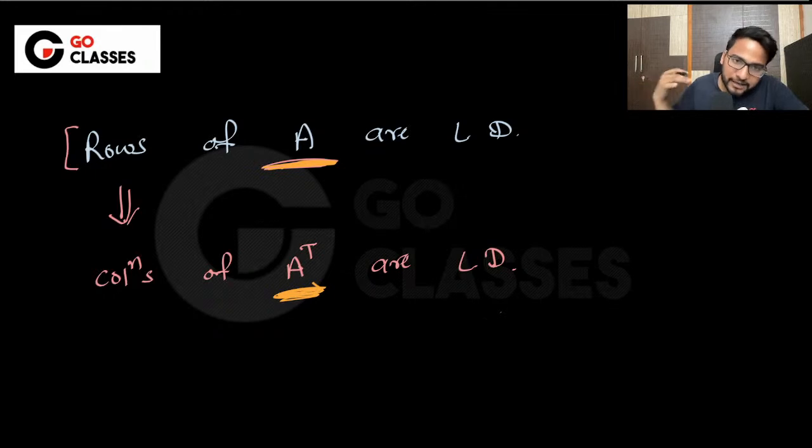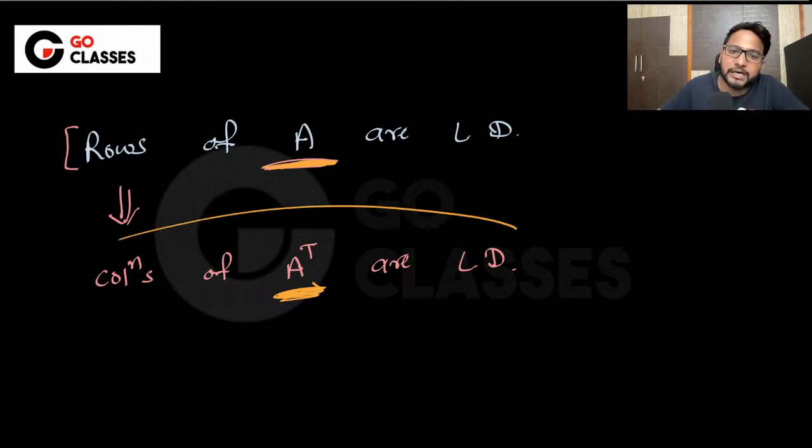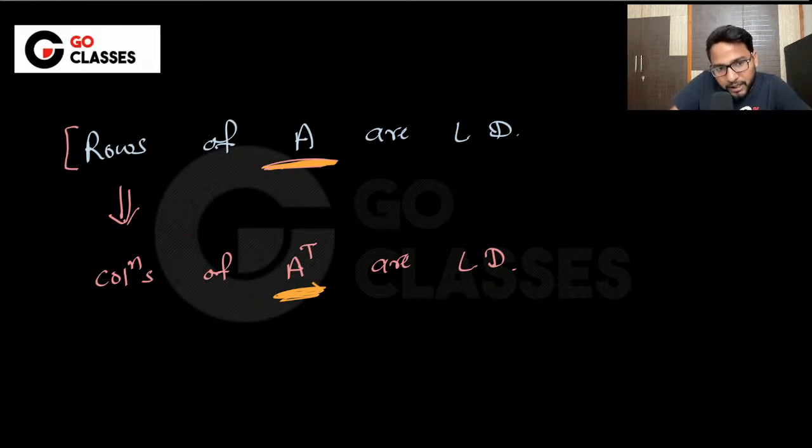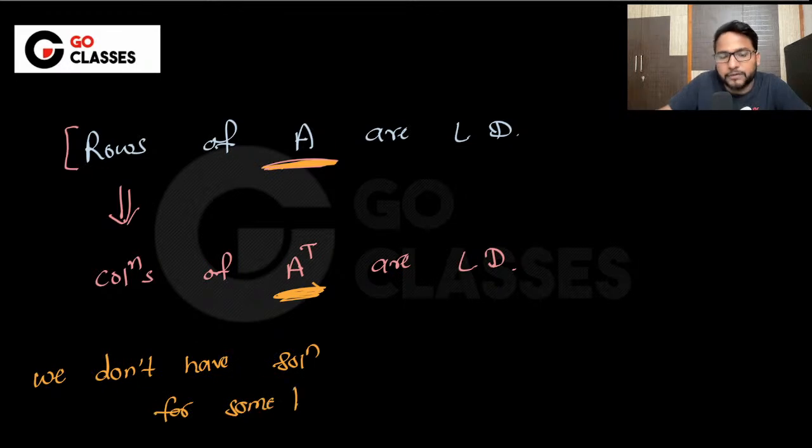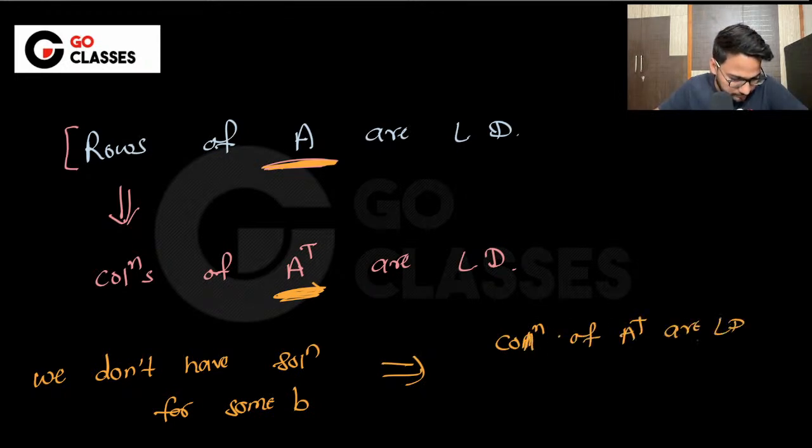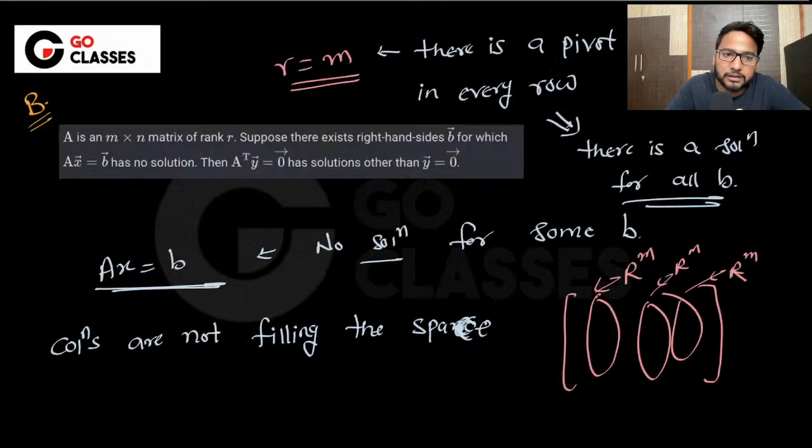Now, I made a conclusion that columns of A transpose are linearly dependent. From what? It was given that we don't have a solution for some b. From here we concluded that columns of A transpose are linearly dependent. Right? Okay.